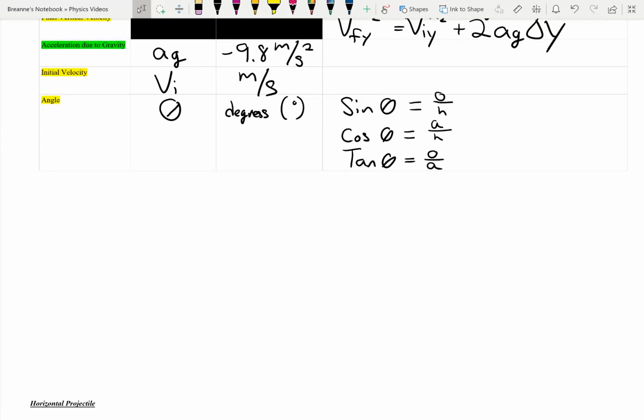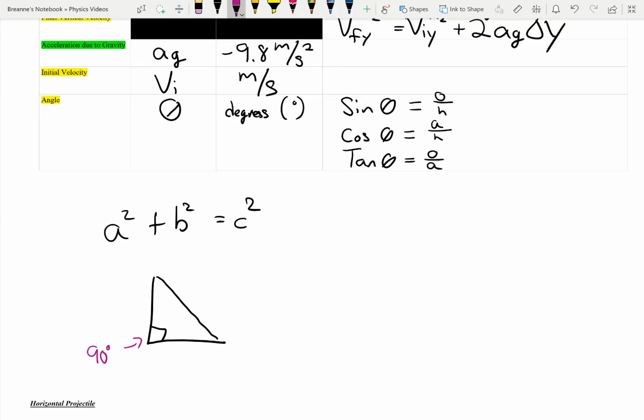A couple of other things you might need to know: remember your Pythagorean theorem equation. You have a squared plus b squared equals c squared. That only works with a right triangle, which just means it has a 90 degree angle.